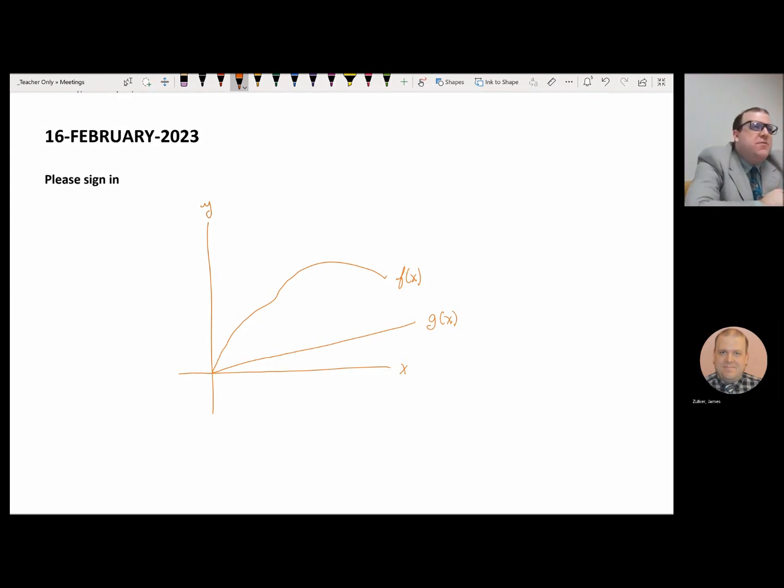We're given two curves, f of x and g of x. And let's say we want that area.